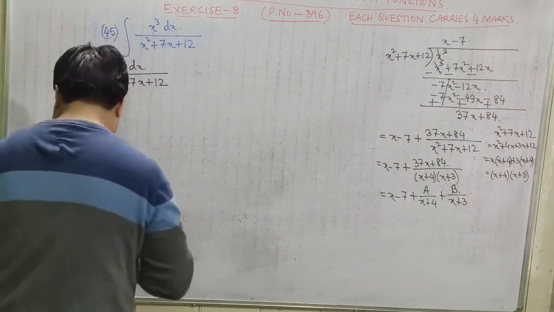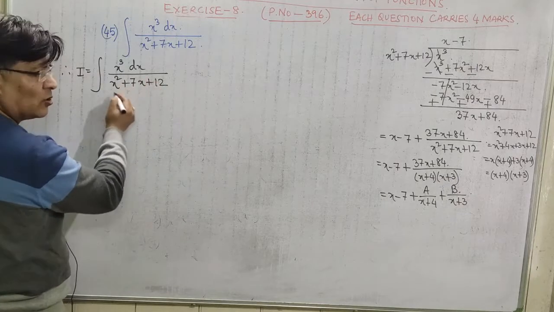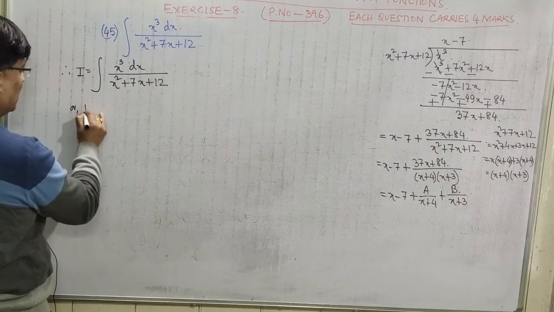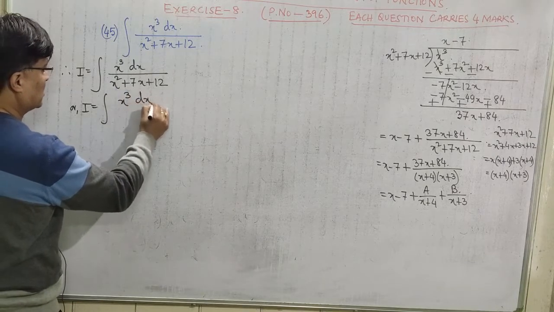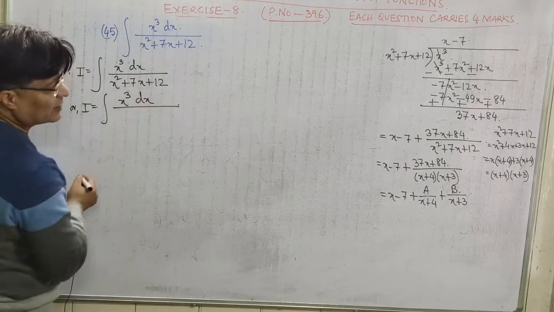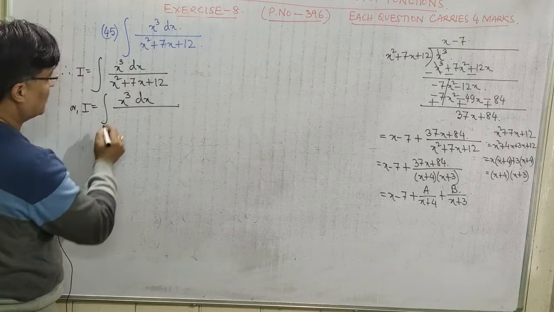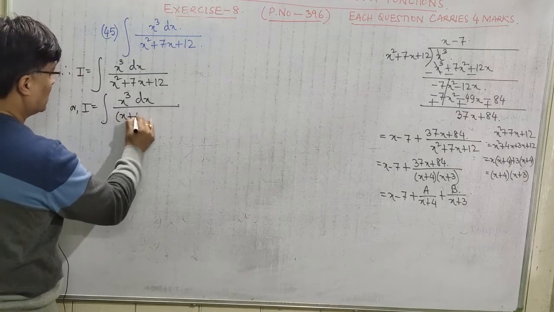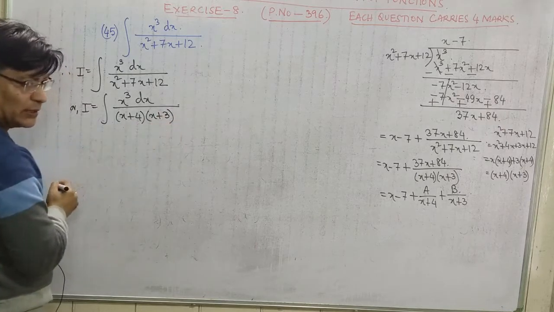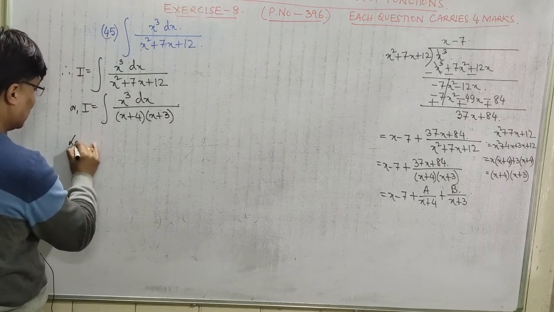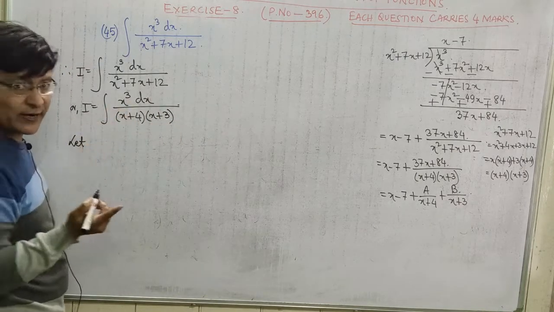Understood now? So let us write down the factors of this expression. Or I is equal to the integral of x cube dx divided by x plus 4 into x plus 3, right? So let us convert this fraction into partial fractions.